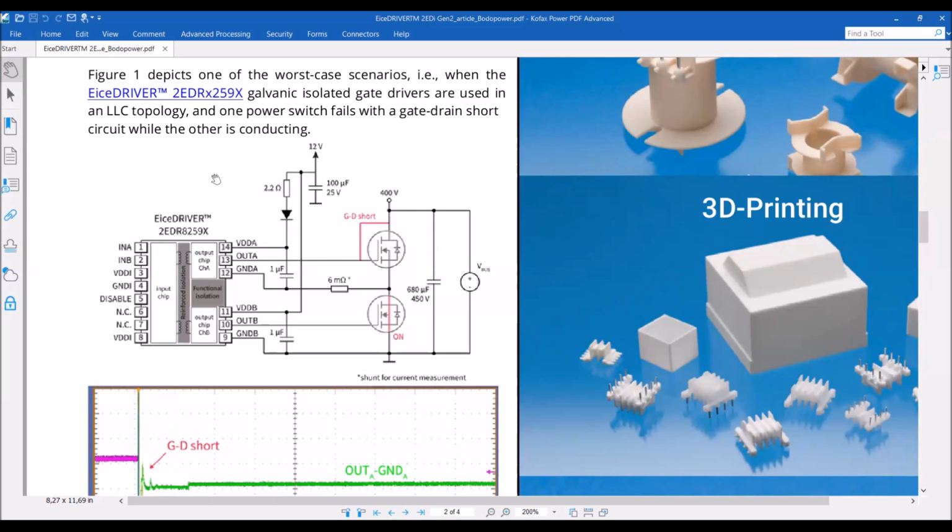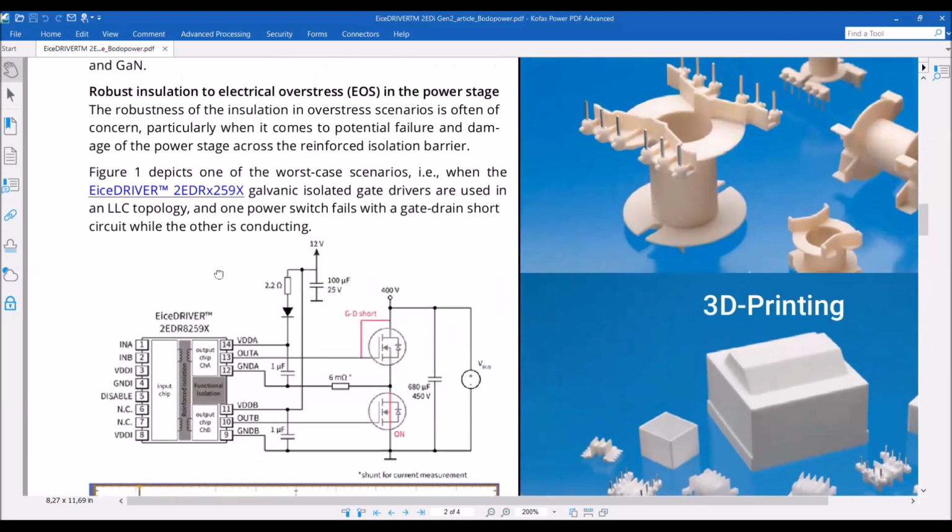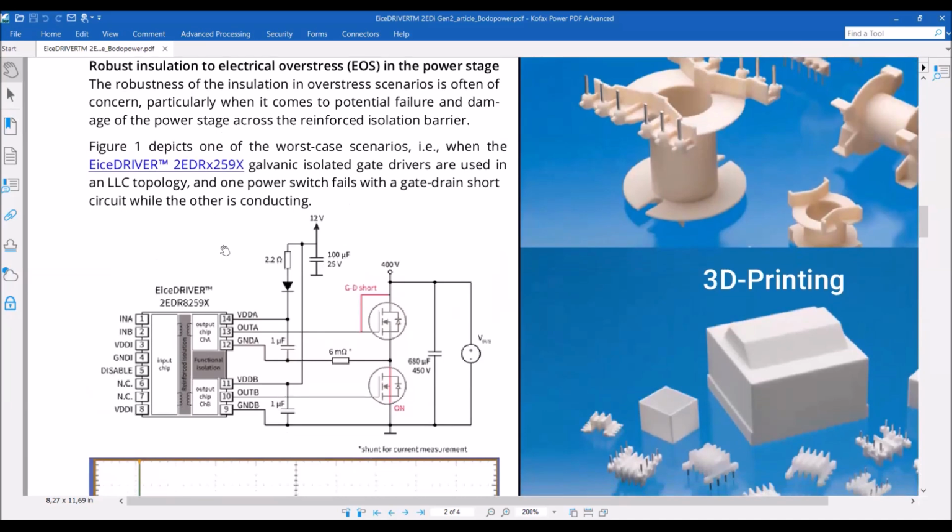And what does robustness to electrical overstress mean? Could the isolation between the input side or the low voltage side of the driver and the high voltage side be compromised due to this?